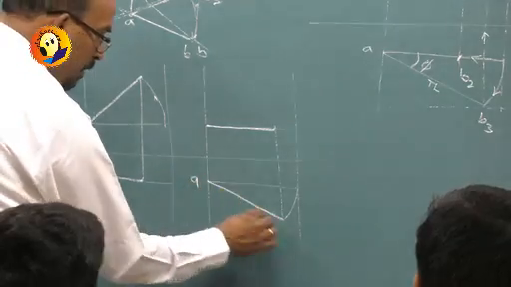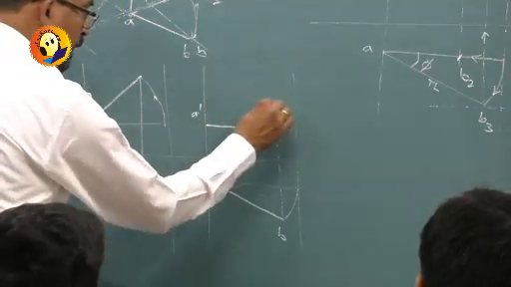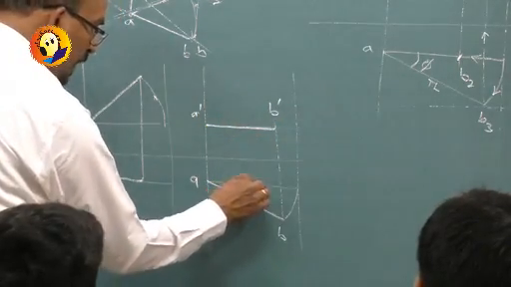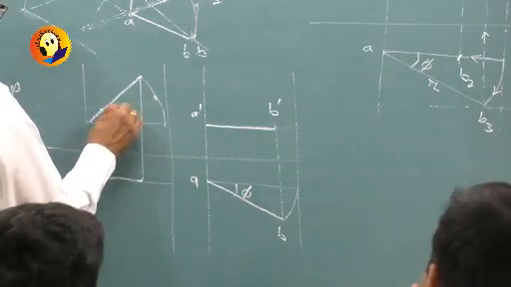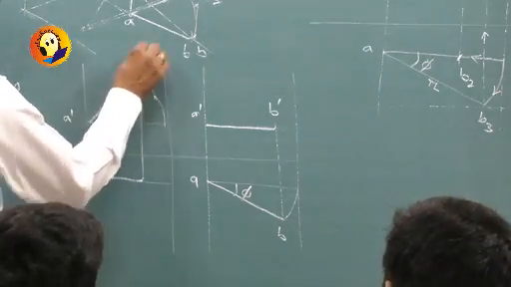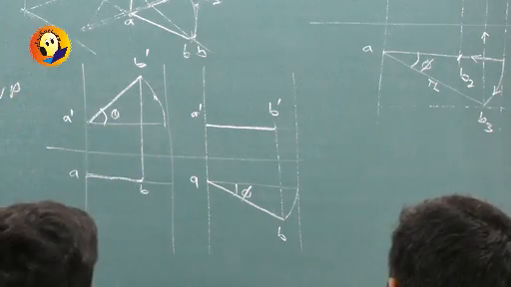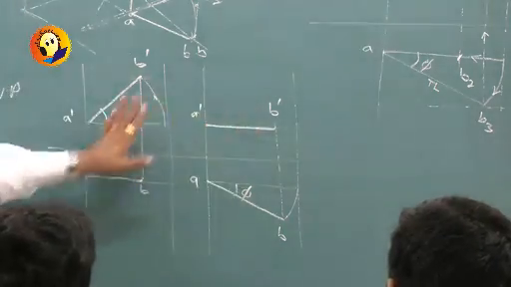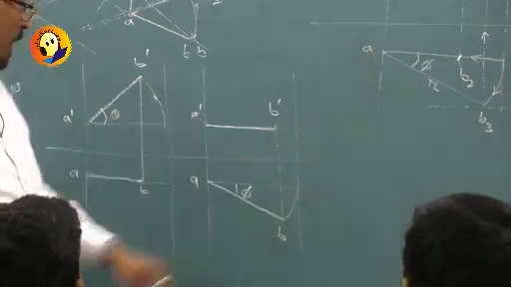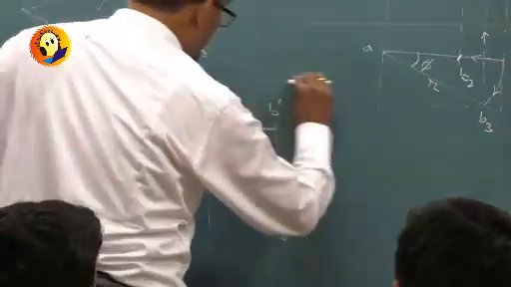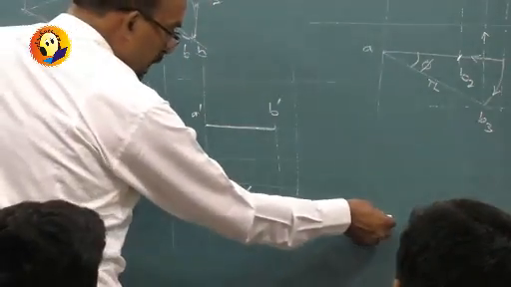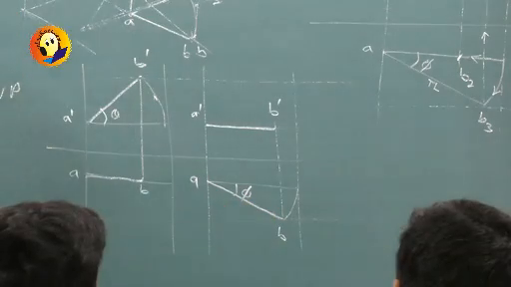So this is AB, A dash B dash. This angle is phi. This angle is theta, A dash B dash, and AB. Two different problems. I have solved both these problems one over the other. Here also I have got the height of point B from HP, distance of point B from VP.